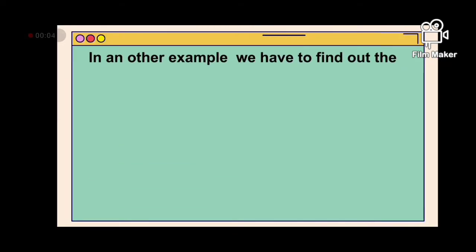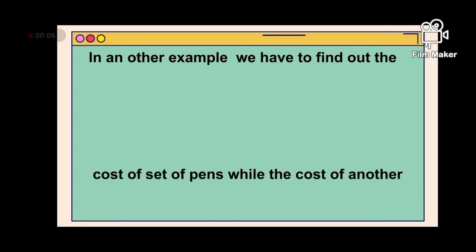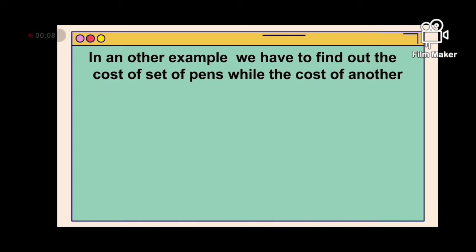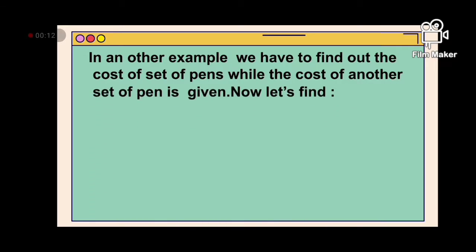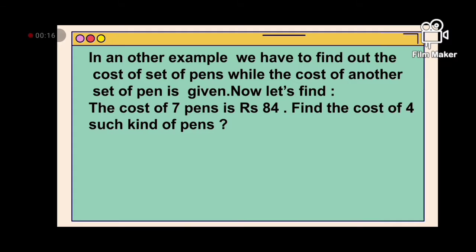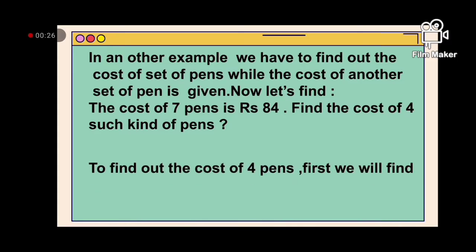In another example, we have to find out the cost of a set of pens while the cost of another set of pens is given. Now let's find: the cost of 7 pens is rupees 84. Find the cost of 4 such pens.